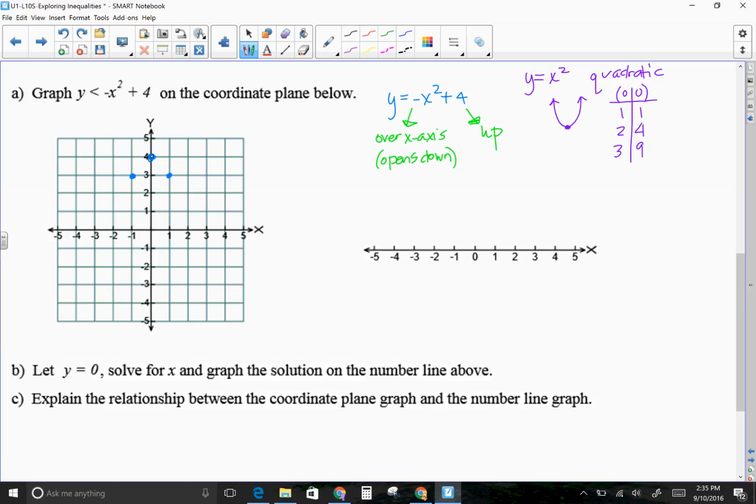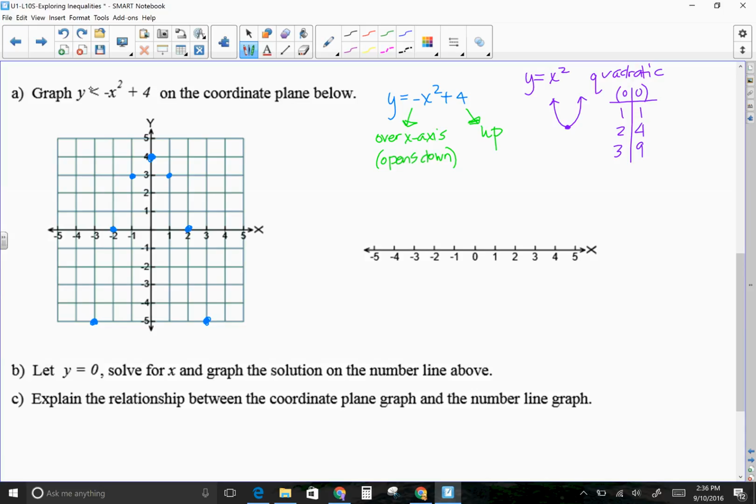Then I go back to that starting point and move over 2 and go down 4, and the same on the other side. Again, back to the starting point, over 3, and then down 9, puts us right here, and do it on the other side. You can hopefully see that that's going to be a parabola.